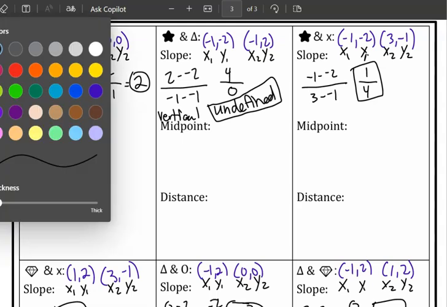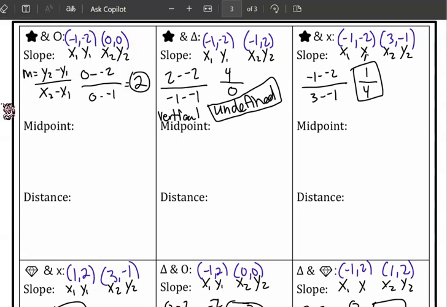Alright, let's find the midpoint of these points. Remember, the midpoint is m equals x2 plus x1 over 2, comma, y2 plus y1 over 2. Let's do this one together. 0 minus 1 over 2, comma, 0 minus 2 over 2.